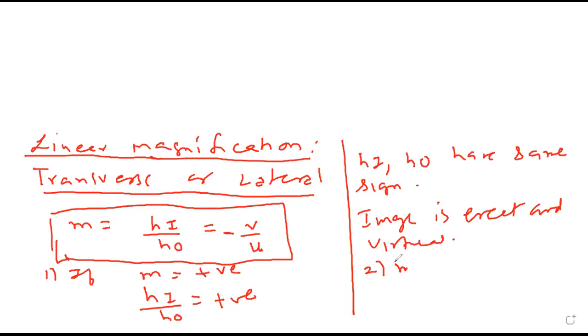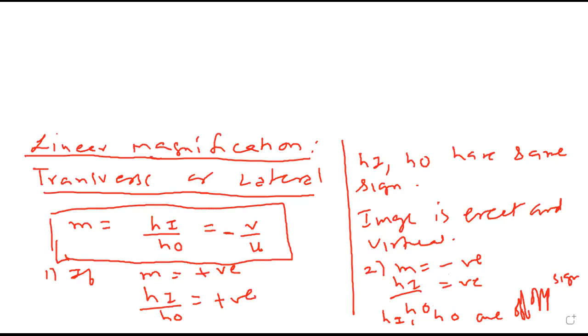Second case, m is negative. So height of image upon height of object is negative. That means height of image and height of object are of opposite sign. When opposite, what type of image, real or virtual?